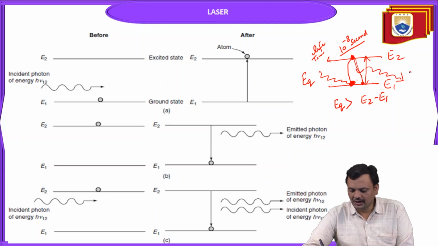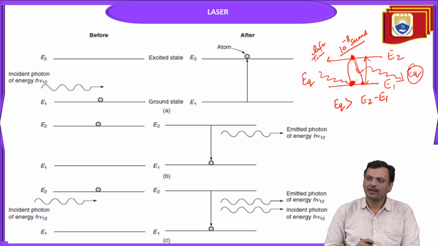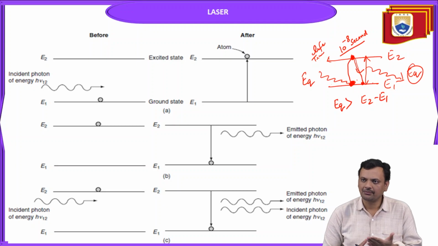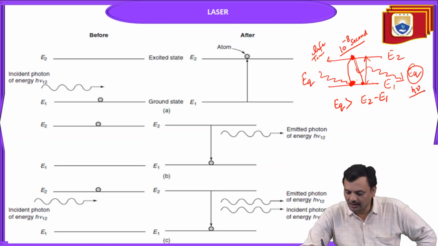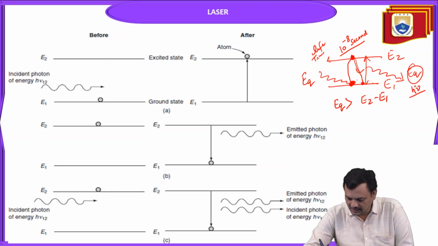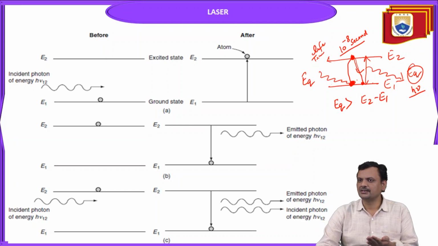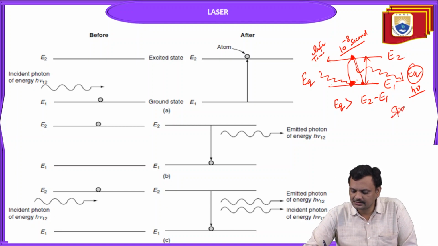Again it has to emit the same amount of energy, EQ, and if this EQ energy or frequency falls in the visible region, it will appear as a photon, as light. This phenomenon, the emission of energy after absorption, is known as spontaneous emission.